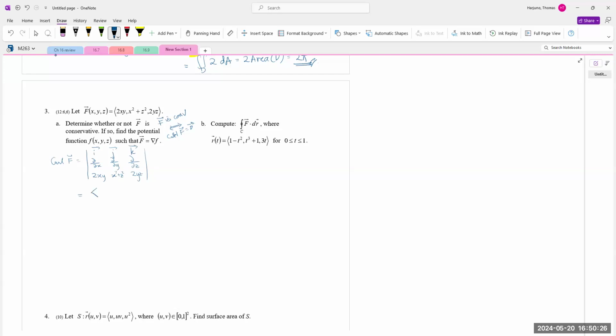For the x component, that will be 2z minus 2z, that's 0. The y component is negative of 0 minus 0. And the z component will be 2x minus 2x, which is vector 0. Therefore, vector field F is conservative.